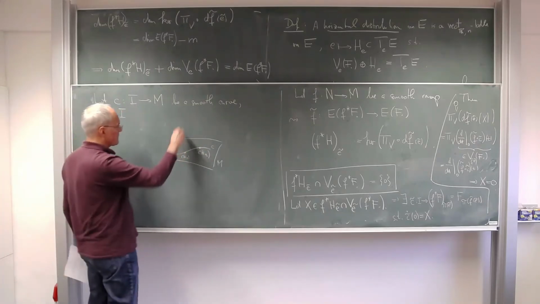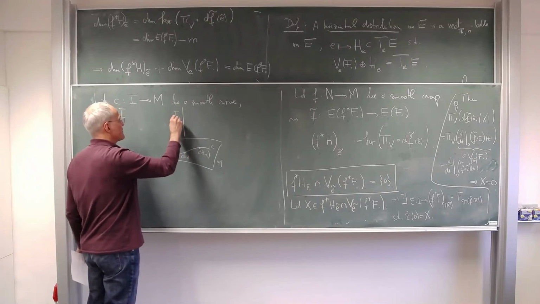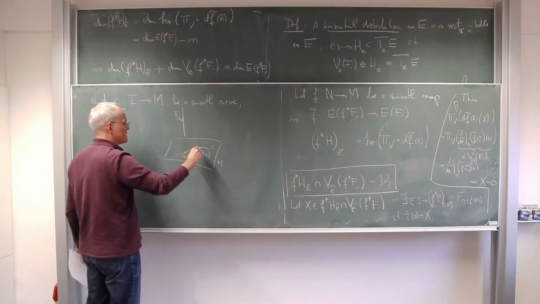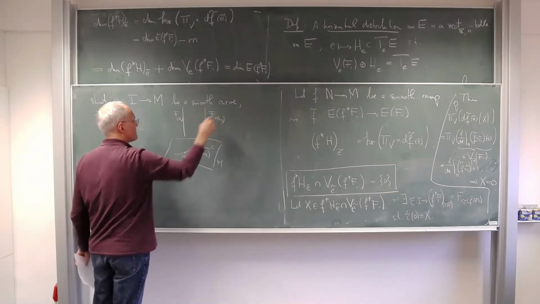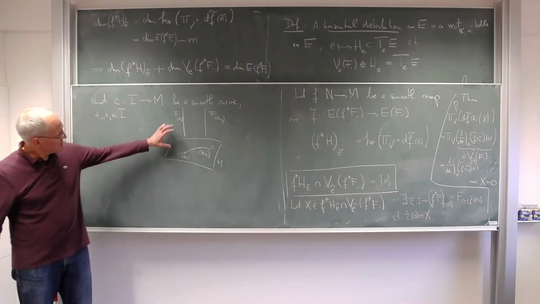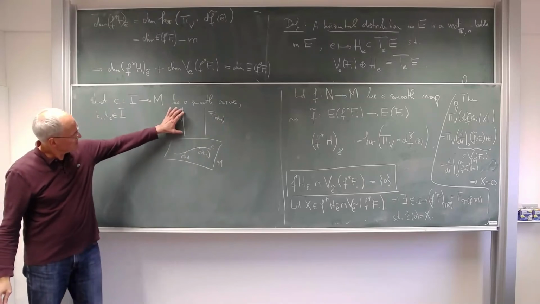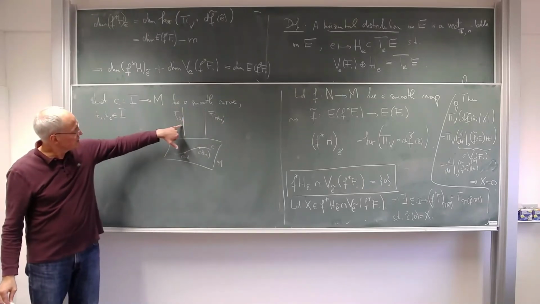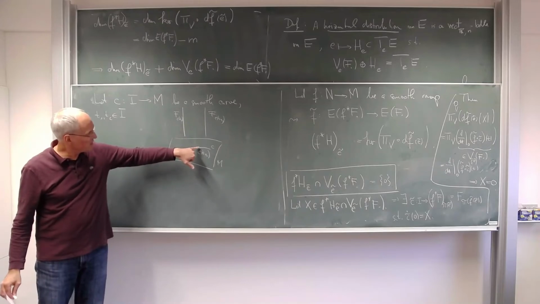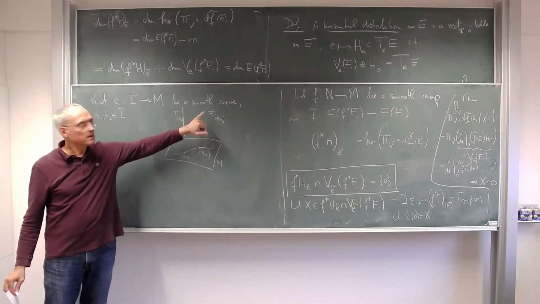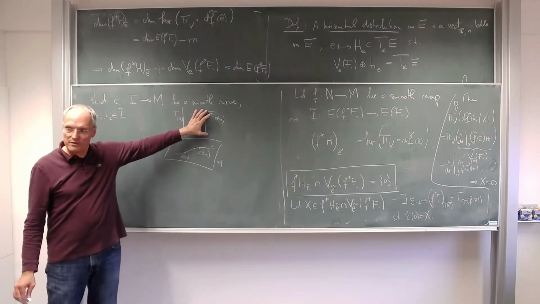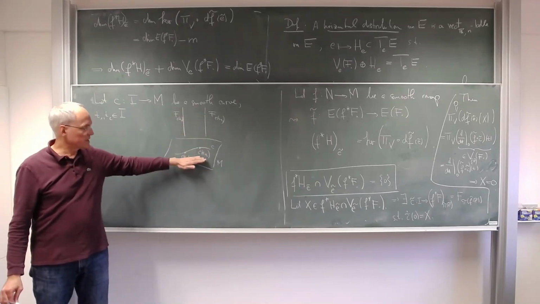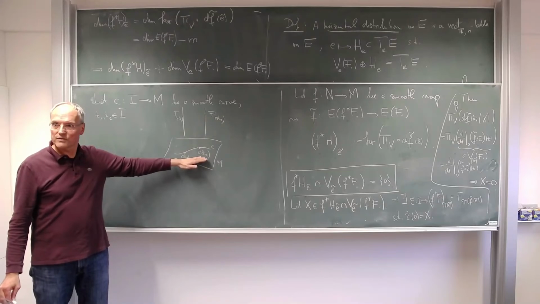In particular here we have the fiber F over C of T1, and here we have the fiber F over C of T2. Parallel transport should give me a map from this fiber to that fiber. So taking an element here, parallel transport it along the curve and end up with an element there. So that's what I want to do. I want to construct a map from this fiber to that fiber, somehow using this curve C.